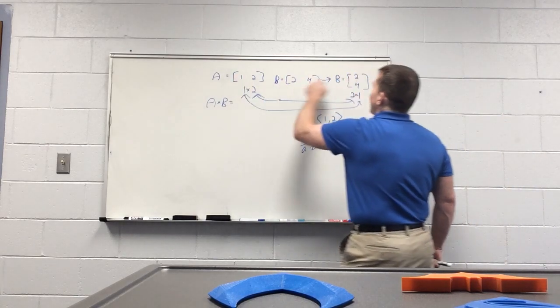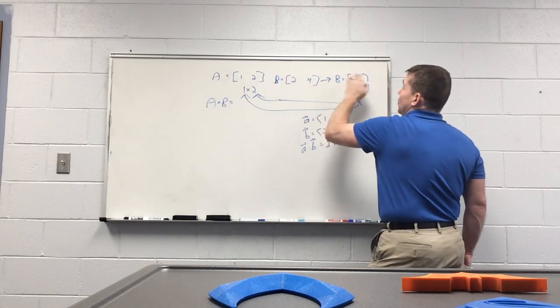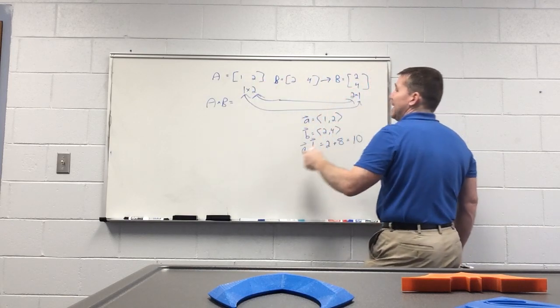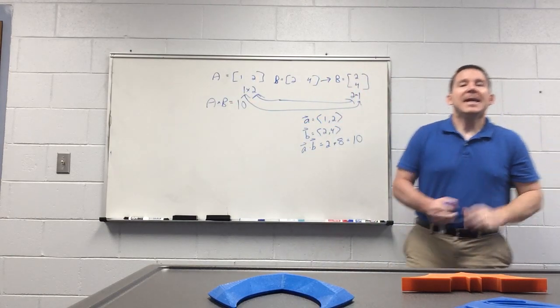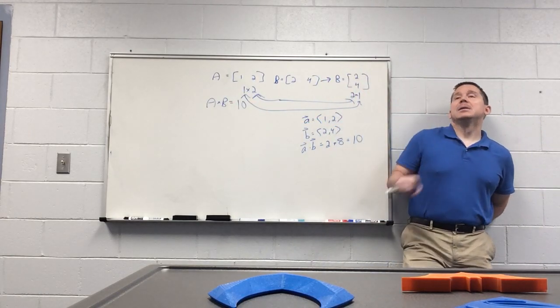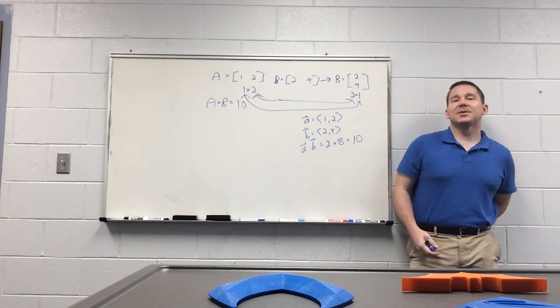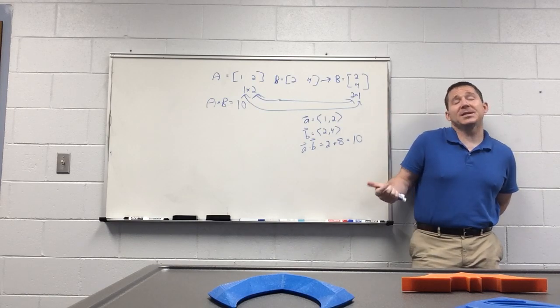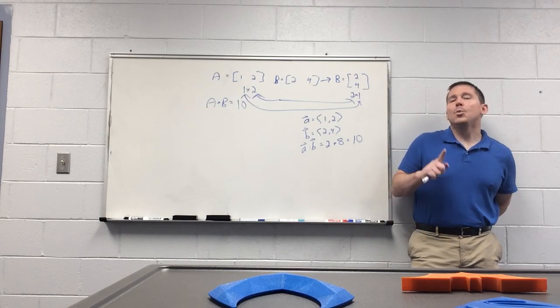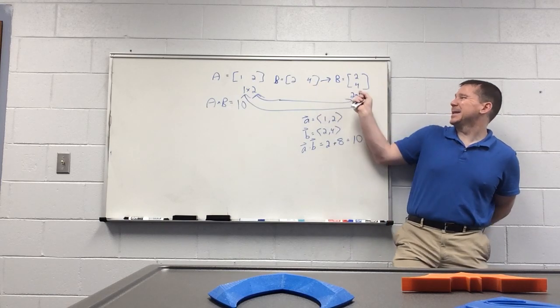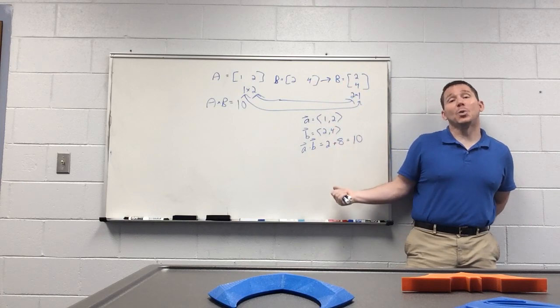Now I multiply row by column. 1 times 2 is 2. 2 times 4 is 8. 2 plus 8 is 10. And again, the idea here being, these vectors are just special cases of matrices. They are matrices. They're row and column matrices. We have to manipulate them a little bit to get the operation to work the way we want for all matrices.